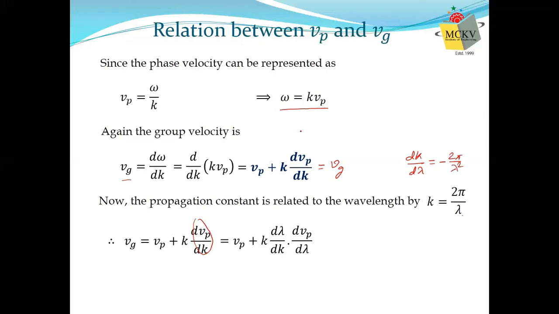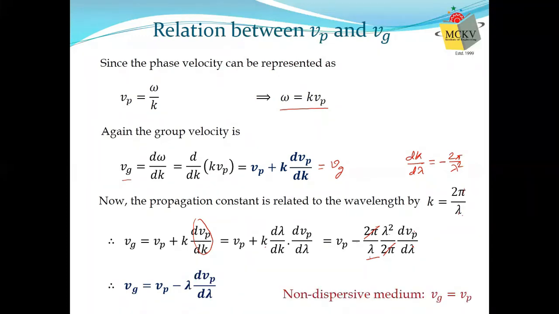Therefore, Vg can be written as Vp, then k is nothing but 2 pi by lambda, and d lambda by dk is minus lambda square by 2 pi, times dVp by d lambda. Therefore, our Vg becomes Vp minus lambda dVp by d lambda. So now we have a relation between group velocity and phase velocity in terms of wavelength. So it is much more useful for us.